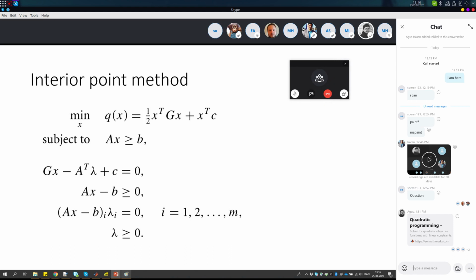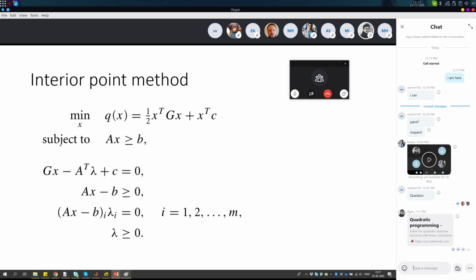So now the standard method for solving quadratic problems is the interior point method. From last week, we discussed the idea behind the interior point method, and that is solving the KKT condition directly. When you solve this KKT condition, you use Newton's method.